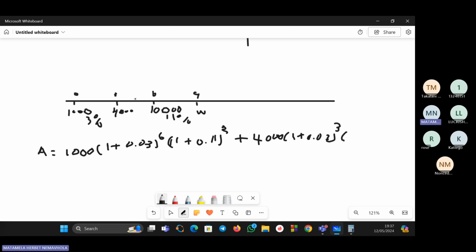Then after that, this 4,000 was also there for 3 years, from 6 up to 9. Then we have 1 plus 0.11, because the interest rate is changing.